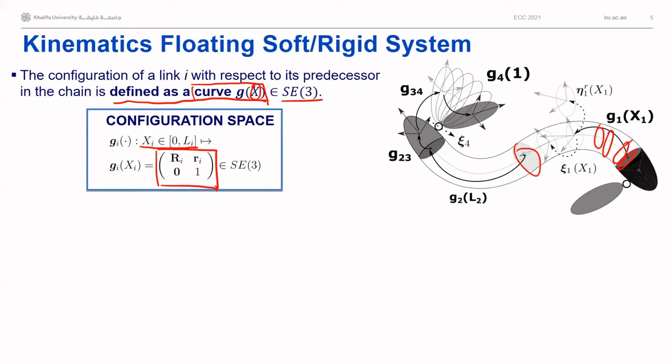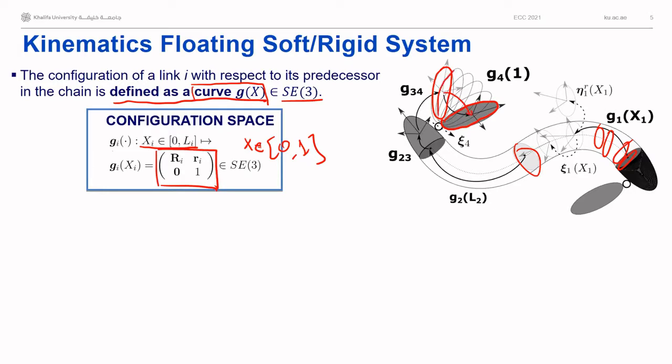But at the same time, thanks to a nice analogy, this curve can also be applied to a rigid link. How? We consider x moving from 0 to 1, where 0 represents your rigid body in the reference configuration, and 1 is the actual configuration of your rigid body, let's say after the motion through your joint.